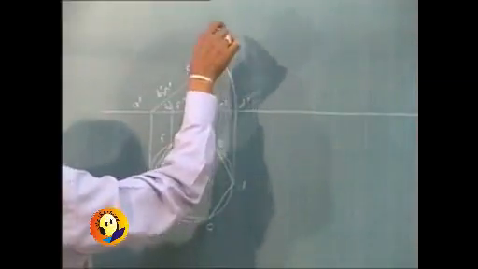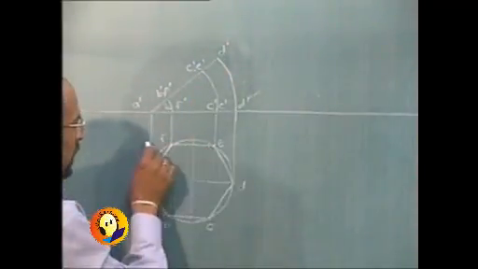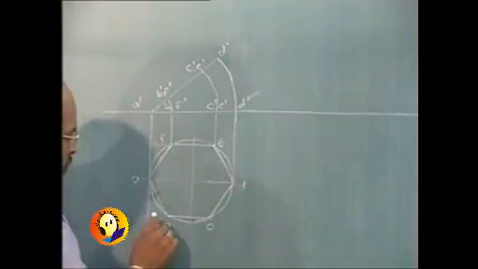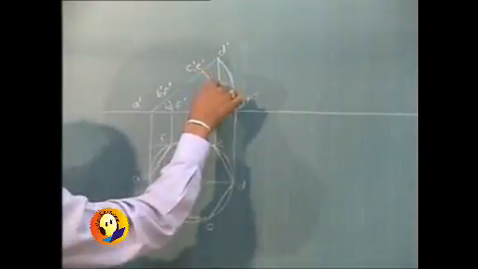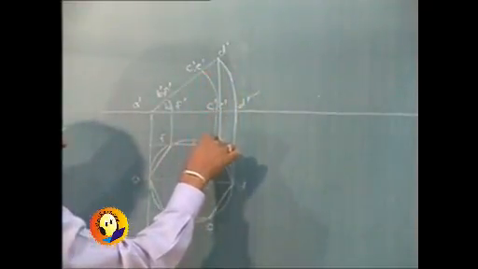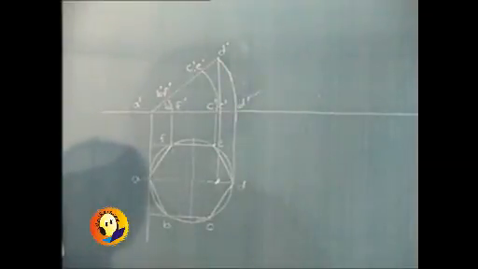And this is D dash. Rotation in one view is movement parallel to XY in the other, so these points will move parallel to XY. D dash point will be over here, D point.